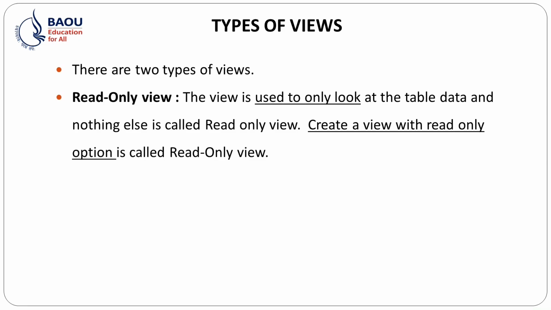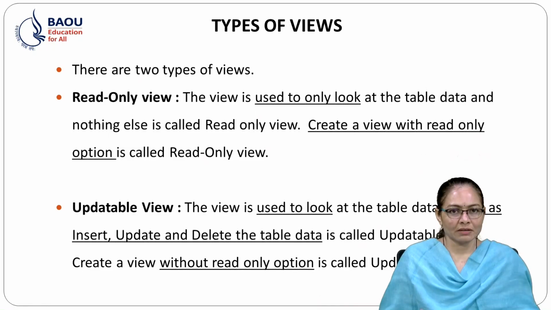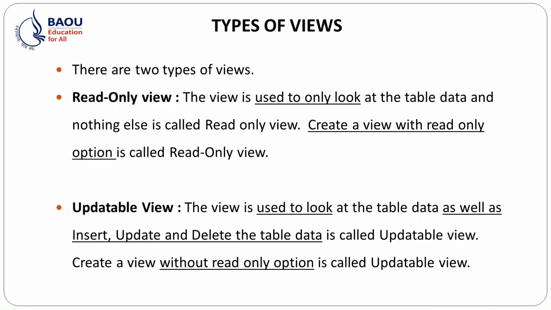We only see or view the data from the table. Now, updatable views. The view is used to look at the table data as well as insert, update, and delete the table data. Creating the view without the read-only option is called an updatable view. Using this view, we can update or change the data in the table.